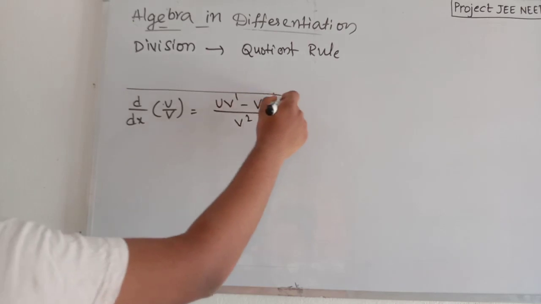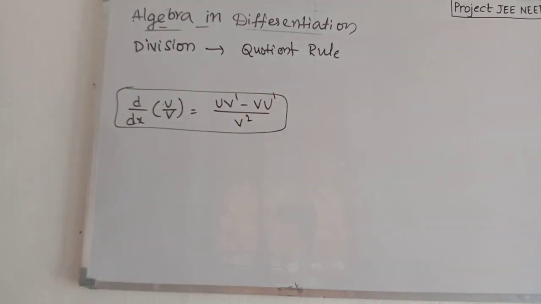This is a somewhat more complex formula compared to all other formulas. That is the formula, and it teaches you the method of differentiating functions which are in the division state. So that is the quotient rule. Let's assume u and v are two differentiable functions.